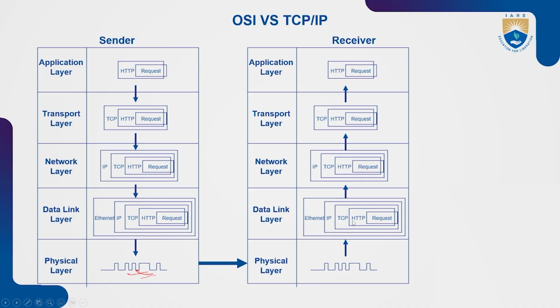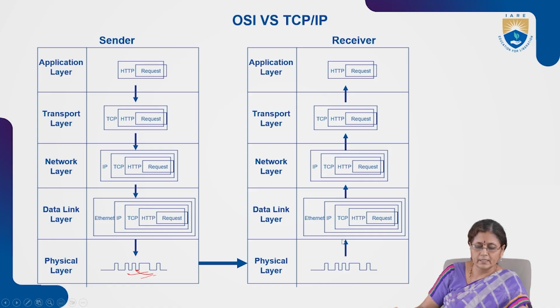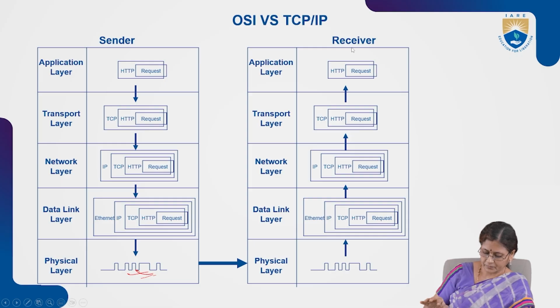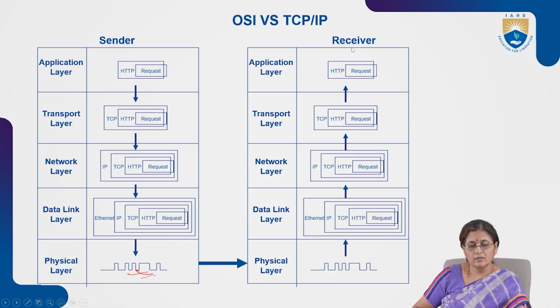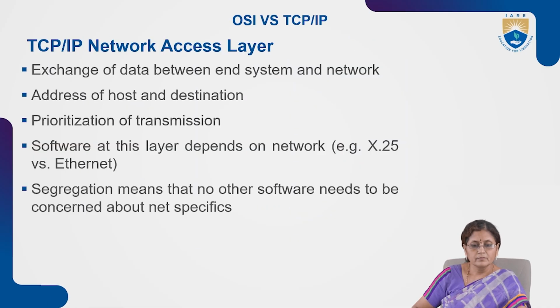Then all the processing is done according to the protocols in each and every layer, and the receiver receives the request. So this is how the layers are performed at the sending end and the receiver end.